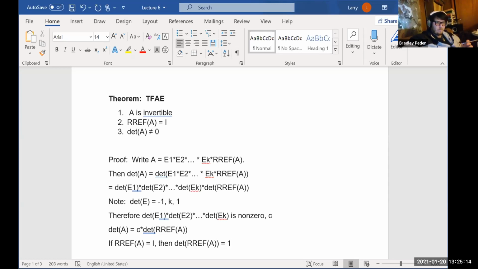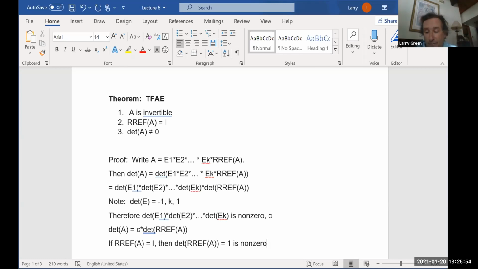It's 1, and in particular is not 0. Any questions on that? Okay, so we're almost there. So that's one thing that could happen: you get I when A is invertible. We had that as a theorem. Remember that? That's the TFAE. So that's what I needed for that part.